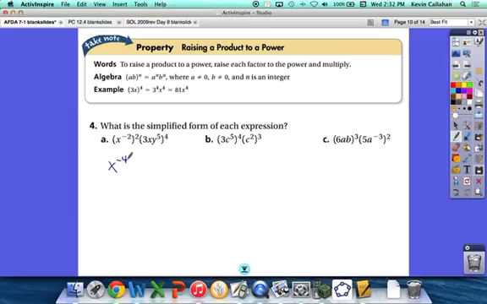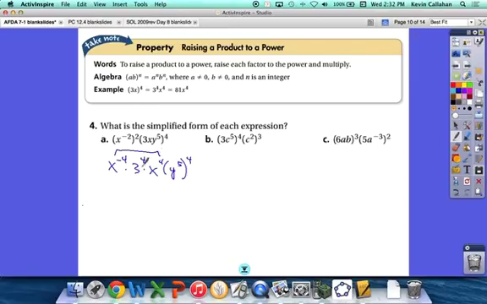So you've got to take a step and show that. Right? This is 3 to the 4th times x to the 4th times y to the 5th to the 4th. Right? So what can you do with this x to the negative 4th and x to the positive 4? It's going to be x to the 0, which is 1.